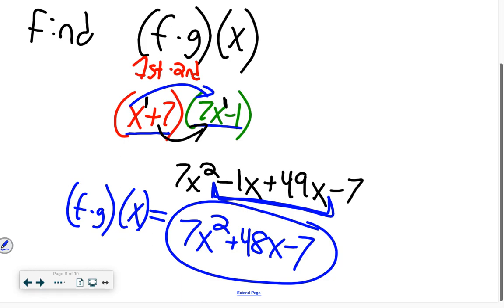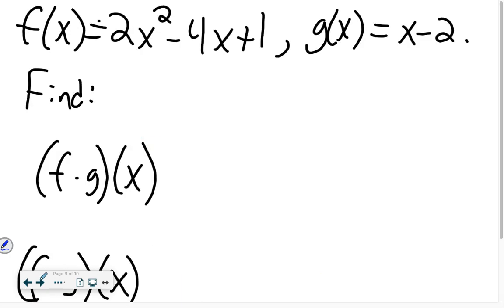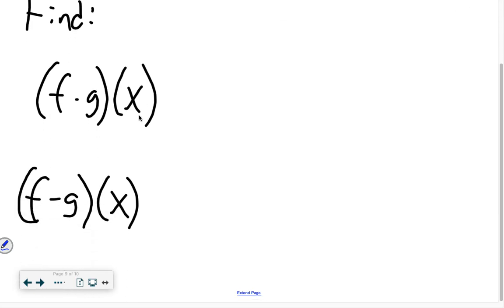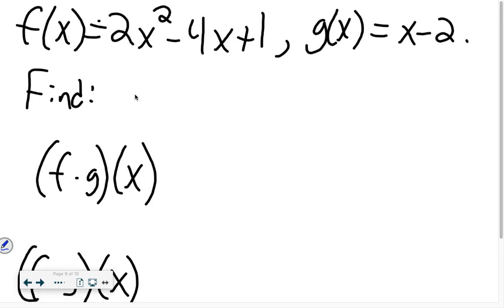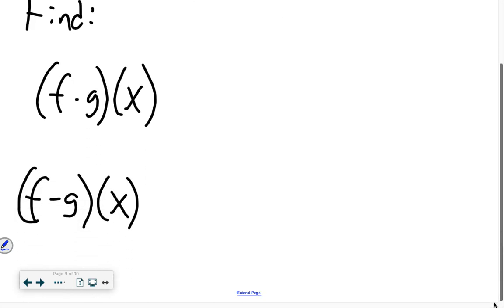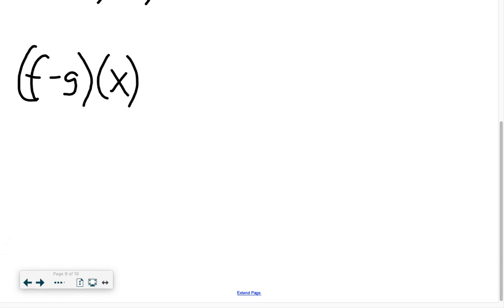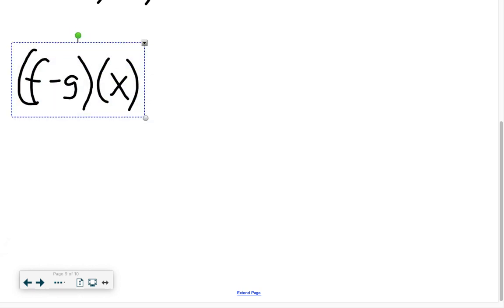So let's do another example. This time, f of x equals 2x squared minus 4x plus 1, and g of x equals x minus 2. And we have to find f times g of x and f minus g of x, okay? I'm going to have to slide this f minus g of x down just a little bit so I have a little more working room here.